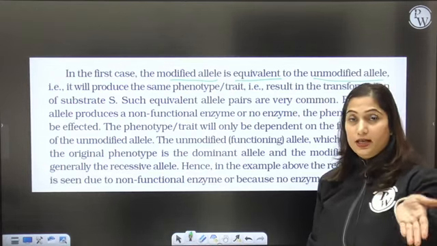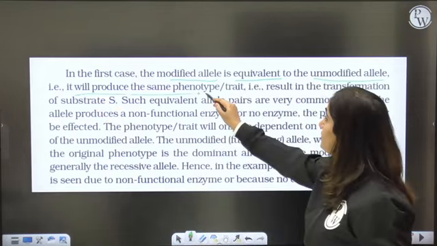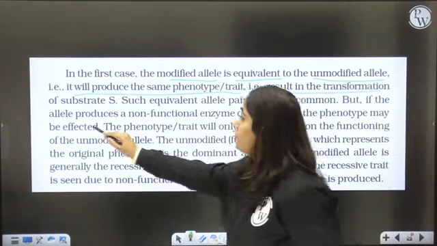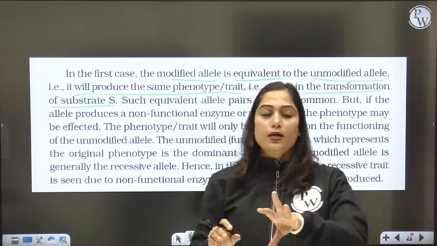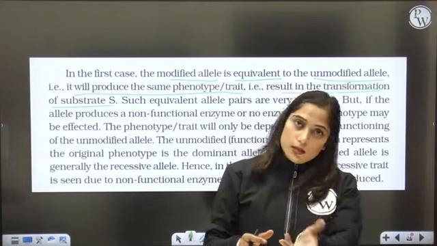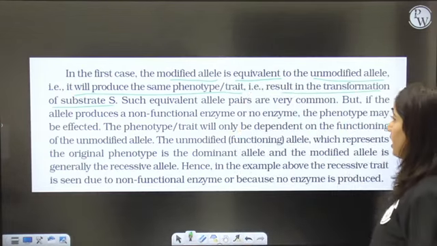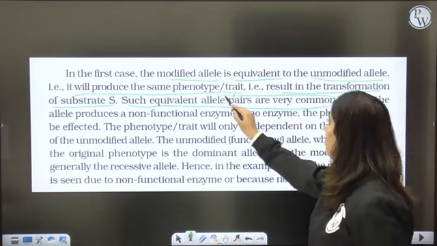The modified allele is equivalent to the unmodified allele, and it will produce the same phenotype or trait. That is, result in the transformation of substrate S. That means the protein will continue its function, and will transform the substrate S into the product. Now see, such equivalent pairs are very common in a population.